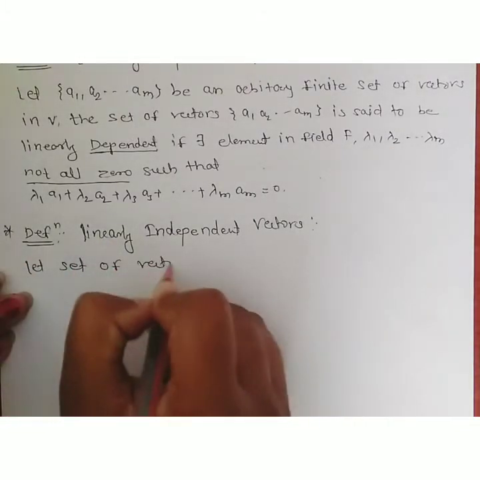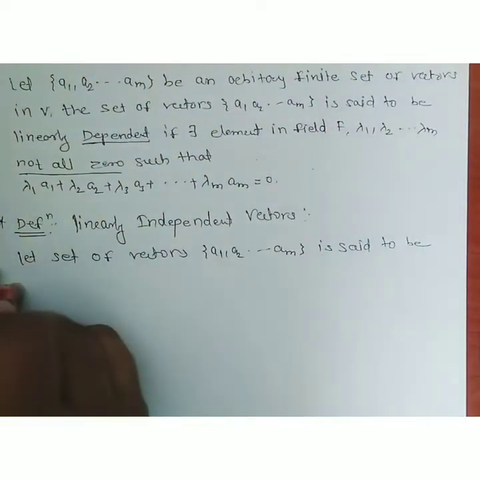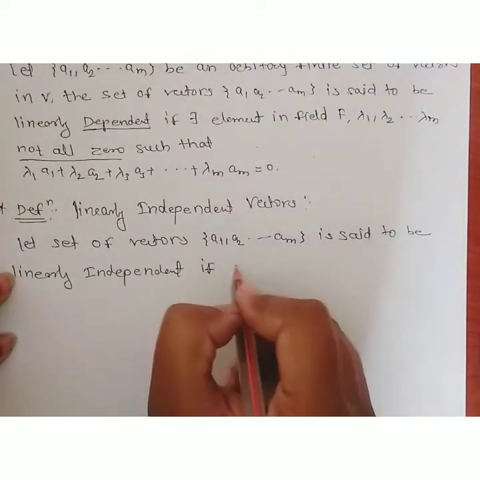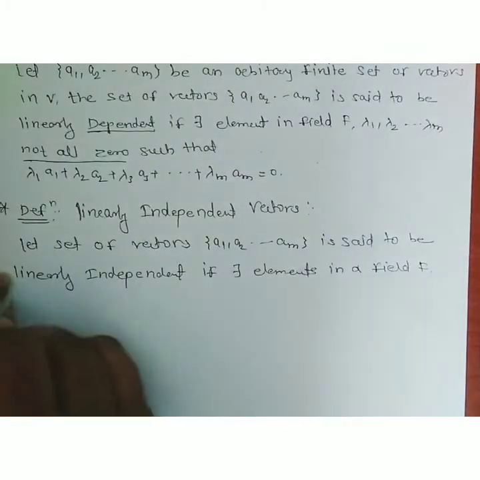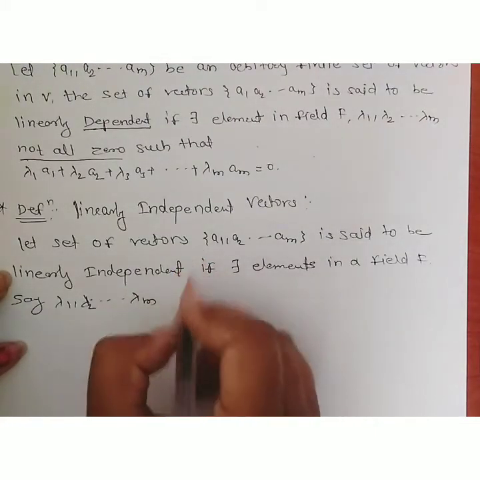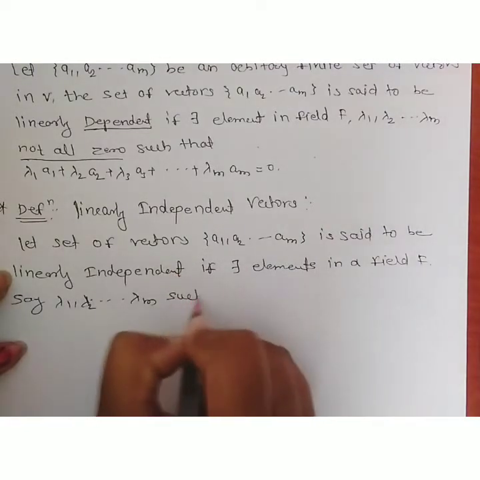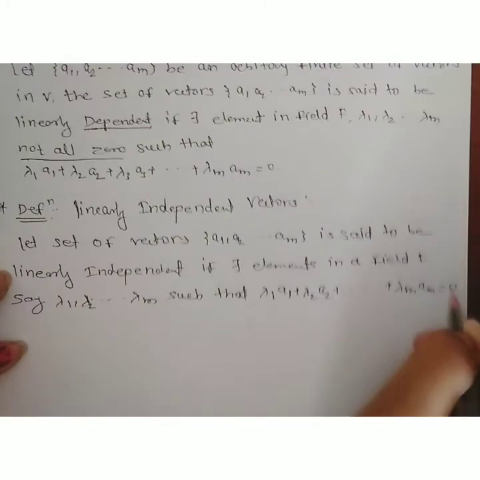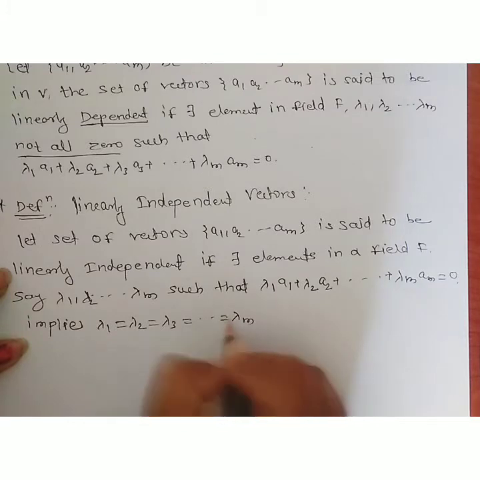The set of vectors a1, a2 up to am is said to be linearly independent if there exist elements in a field F, say lambda 1, lambda 2, up to lambda m, such that lambda 1 a1 plus lambda 2 a2 plus up to lambda m am is equal to 0 implies lambda 1 is equal to lambda 2 is equal to lambda 3 is equal to up to lambda m is equal to 0.